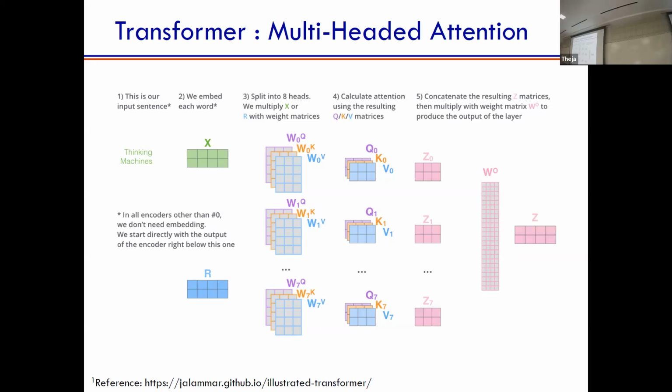You get the queries, keys, and values, and use queries and keys to get the attention scores, attention weights, and then do a weighted averaging of the values to get the Z's at every word index. Then concatenate them and project them back down to a lower dimension. If you just average these out, that can also be represented as some sort of transformation like this.